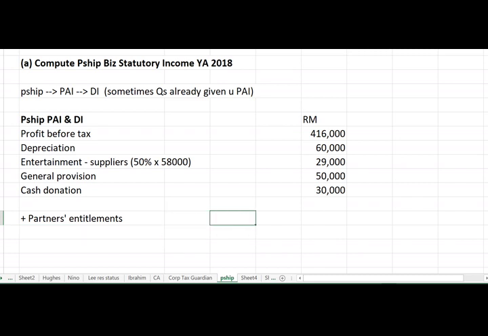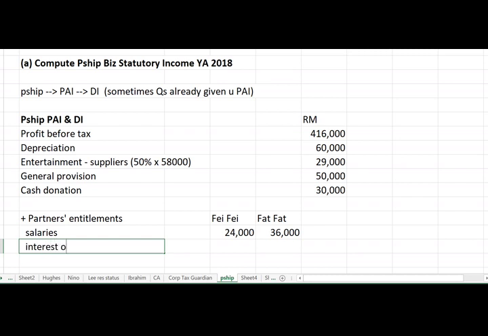Okay, so who are the partners that you have here? You have two partners. One is called Fei Fei. One is called Fat Fat. Okay, what are their entitlement? Salaries, how much? 24, 36. Now you will find that computer is extremely user-friendly when you do partnership, because there's lots of copy and paste.